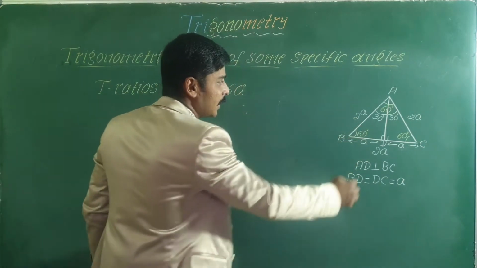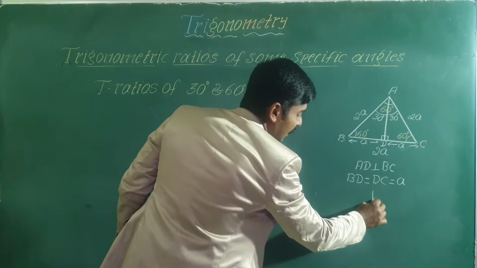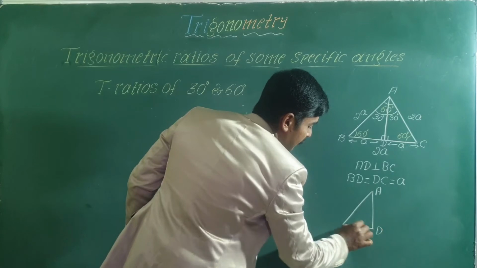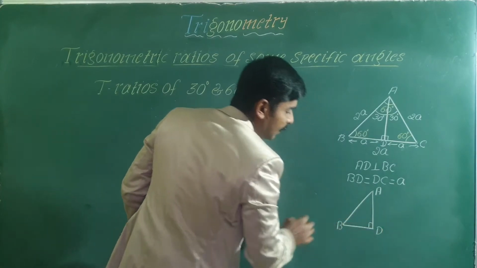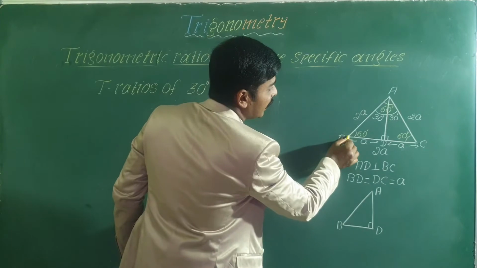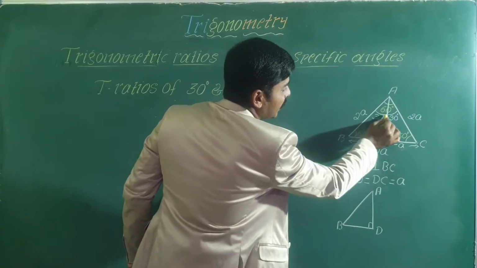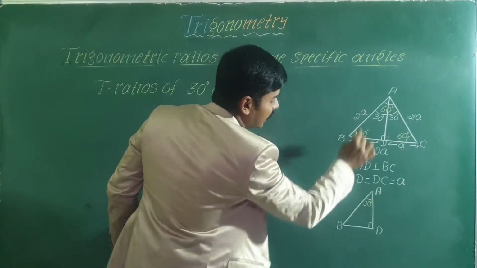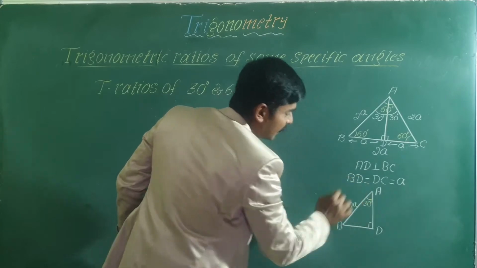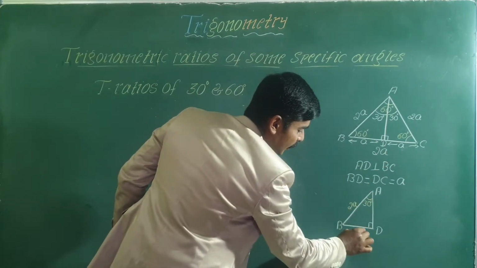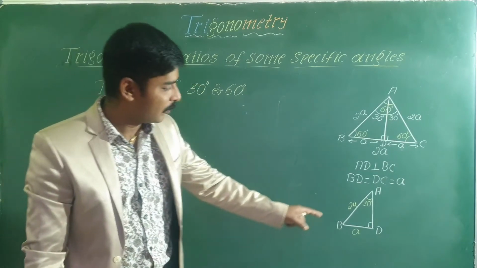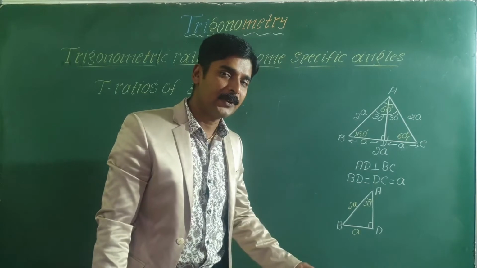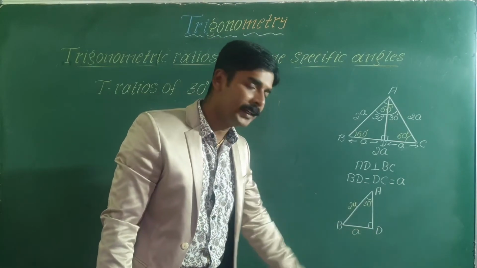So let us consider this right angle triangle ABD. In this right angle triangle, this angle BAD is 30° and AB is equal to 2a units, BD is equal to a units. Now we must find AD. Since this is a right angle triangle, we can use Pythagoras theorem to find the side AD.